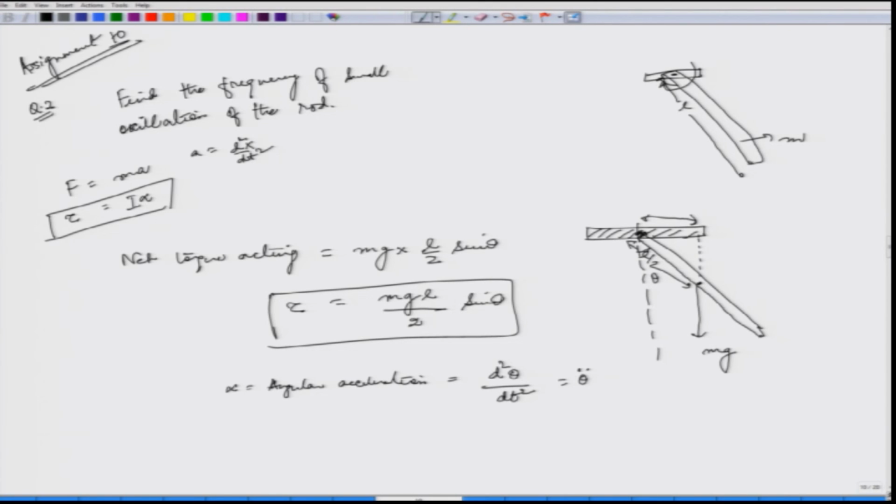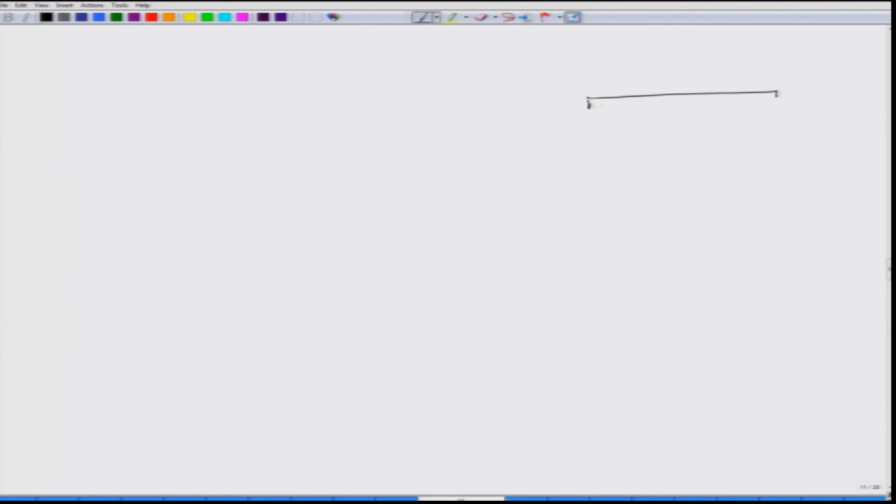Now, what is the moment of inertia of the rod from the hinged point? Let us say I have hinged this point here. What will be the moment of inertia of a long rod of length L from its hinged point? So, we will calculate it. I know you know the formula. Let us suppose that I have a rod of length L and mass m, and I want to know the moment of inertia from point A of the rod.